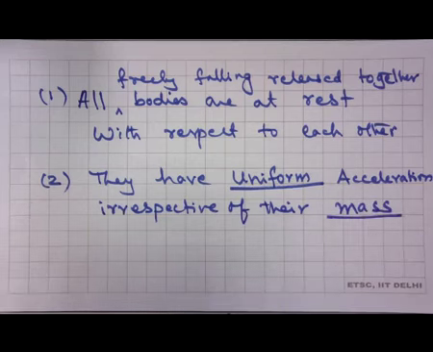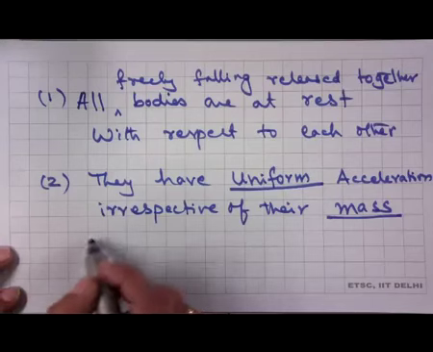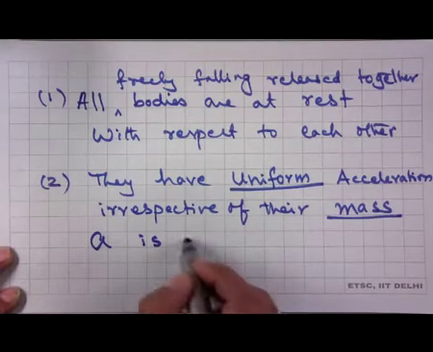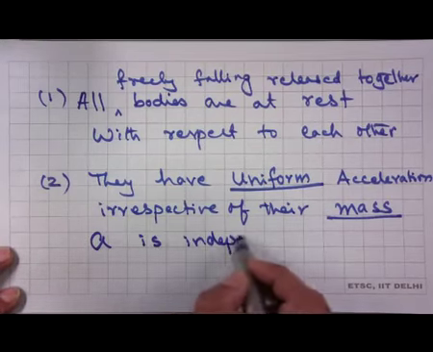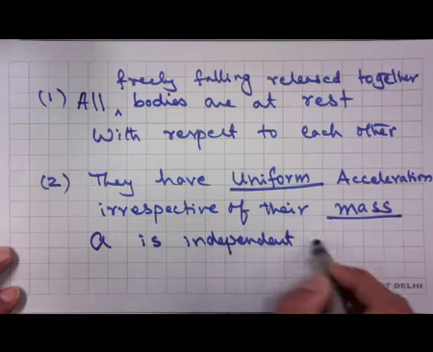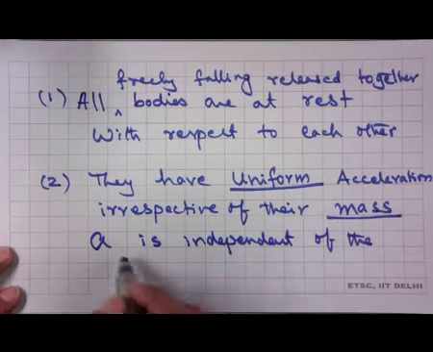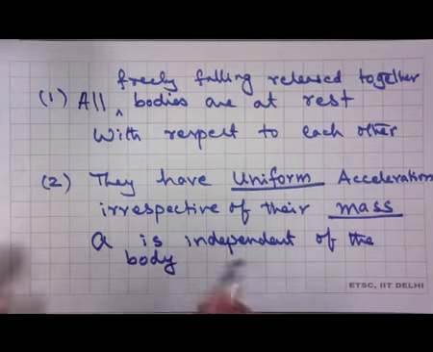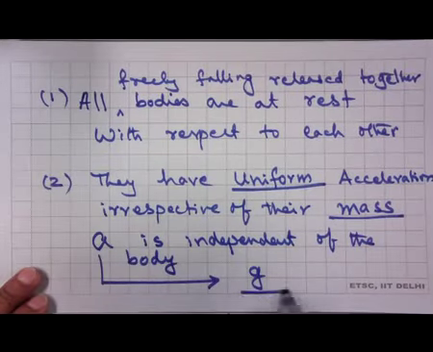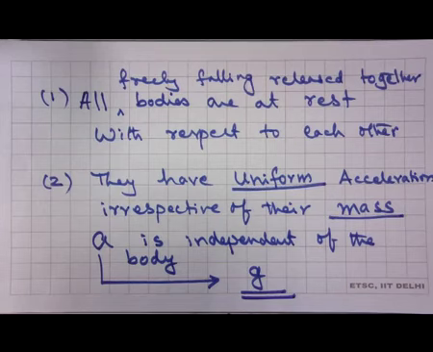That is what we have. So, the first one is a qualitative statement that they are at rest with respect to each other. The second one is more quantitative. So, a is independent of the body. Size, shape, mass, it is independent of everything, and we know what this is. g, acceleration due to gravity. That is what we have.